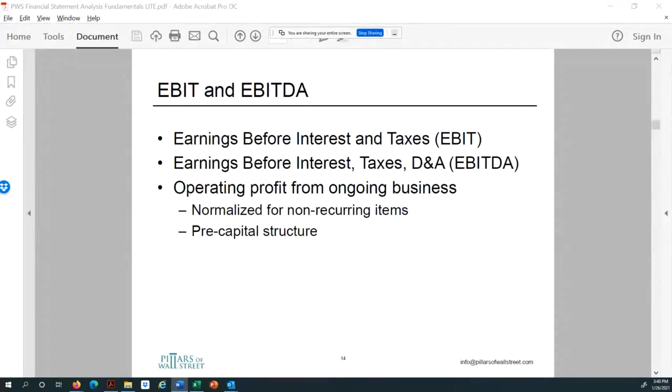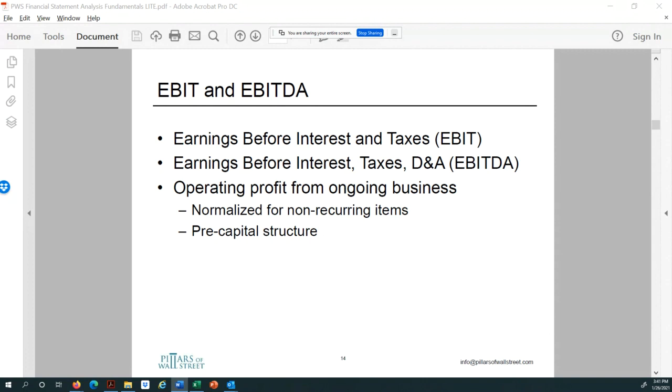So things like restructuring charges, litigation gains or losses, impairment charges. These are not things we're in the business of projecting, so you want to back them out from operating profit to get to EBIT. For example, maybe you incurred a large cost this year in order to restructure your business. Well, that would be a one-time cost, and we would add it back to operating profit to get to EBIT.